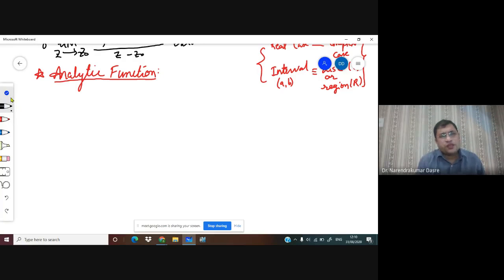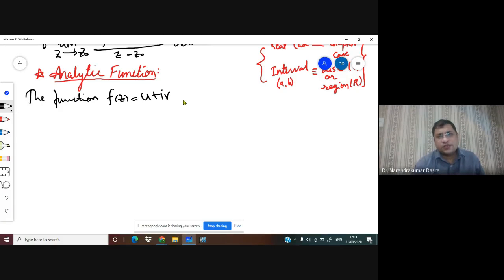Now when we have the function to be analytic, the function f of z, which is a function of complex variable, and this is equal to u plus iv. So u is going to be the real part, v is going to be the imaginary part.